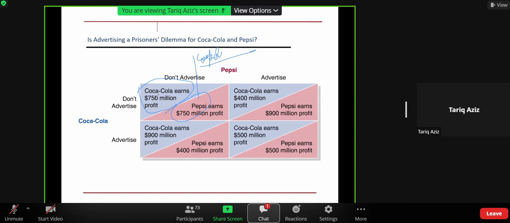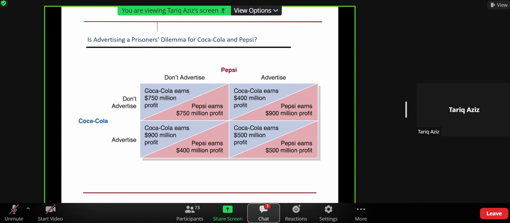So whatever is the market, if Coca-Cola decides to advertise, then some people will shift from Pepsi to Coca-Cola, so the other company will suffer. But if they both decide not to advertise, then in that case they don't have to spend any amount on advertising.